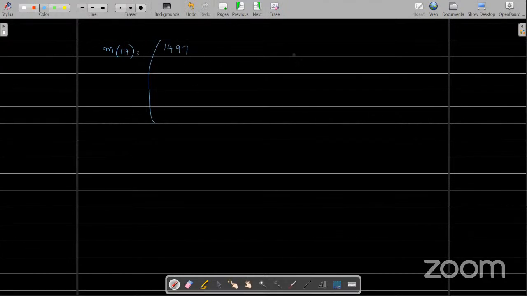Now, how many numbers should I write here? Well, the next number will be 1498 and it goes on up to 17, right? It is a 17 by 17 matrix. So 1497, up to add 16 to this. 97 plus 6, 1503, 1513. Then you get 1514, 1515. So that's the number here.